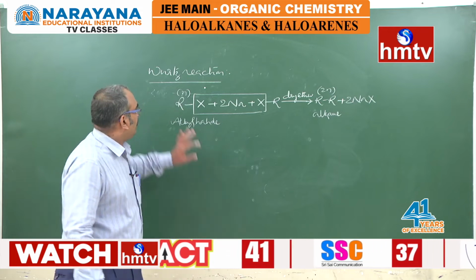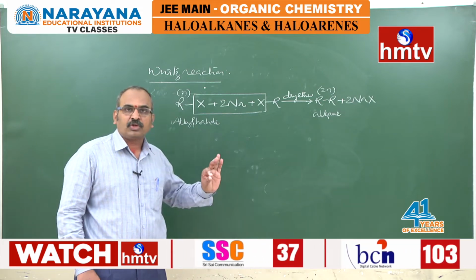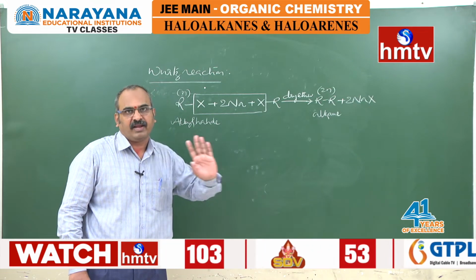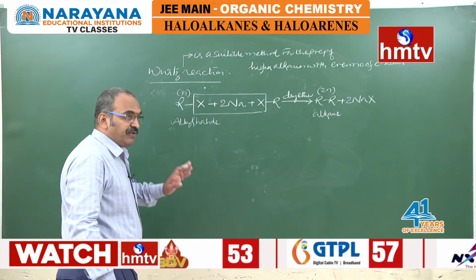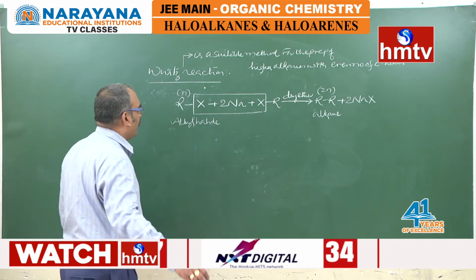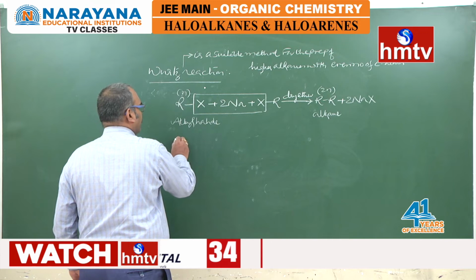Next, this Wurtz reaction is a suitable method for the preparation of higher alkanes with an even number of carbon atoms. It is very difficult to prepare an alkane with an odd number of carbon atoms. I will come to that point later on. I will give another example.